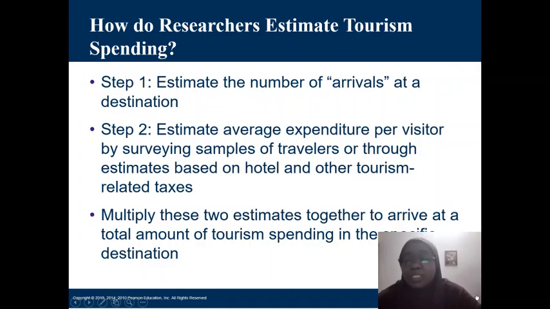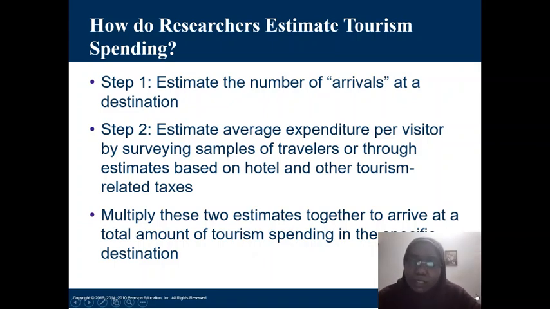So if 10 million people are estimated or have registered to visit, how much do we expect each of them to spend? And then you multiply by the number of arrivals, and you multiply these two estimates together to arrive at a total amount of tourism spending in a specific destination.